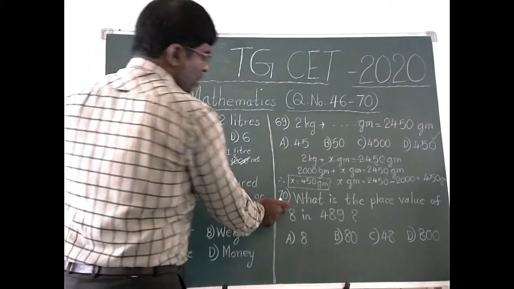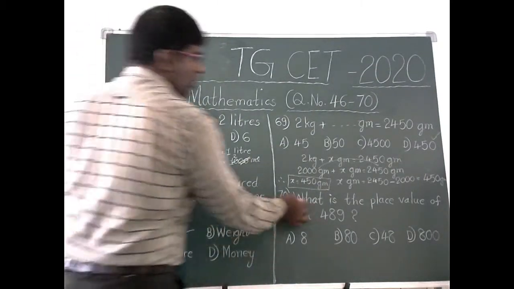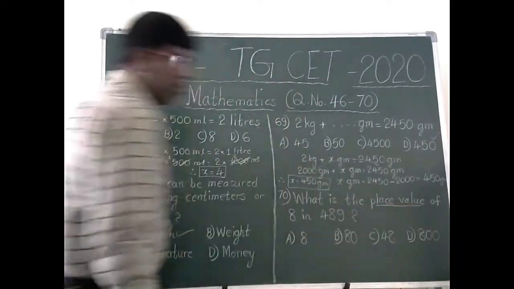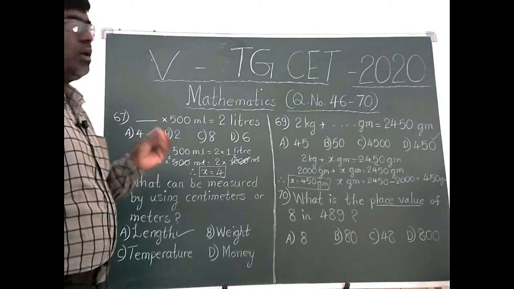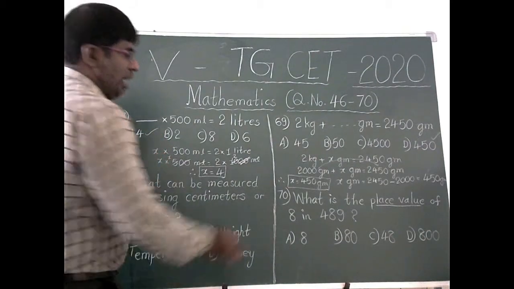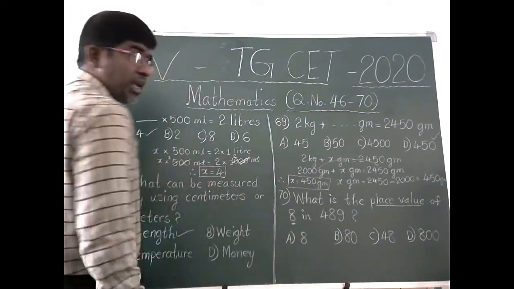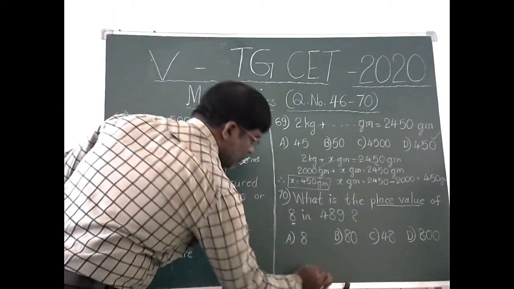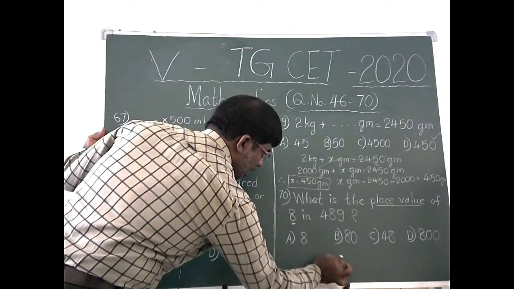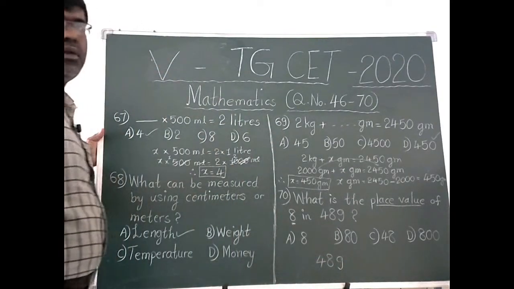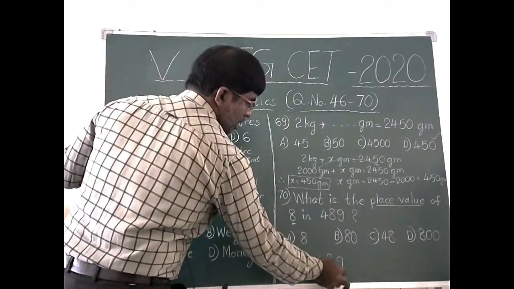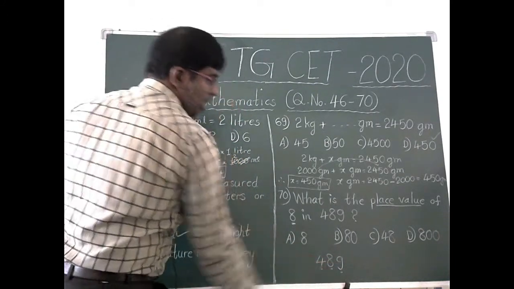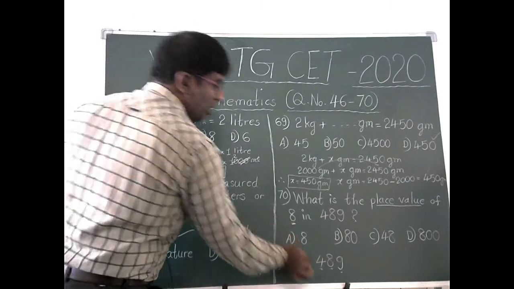Next problem, problem number 17. What is the place value of 8 in the number 489? In this 489, we know very well the place values: this is the ones place, this is the tens place, this is the hundreds place. Here it asks the place value of 8.